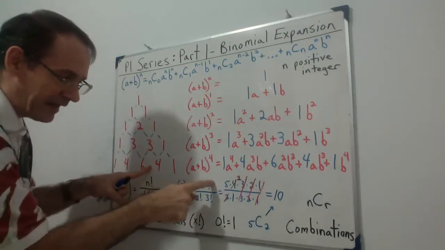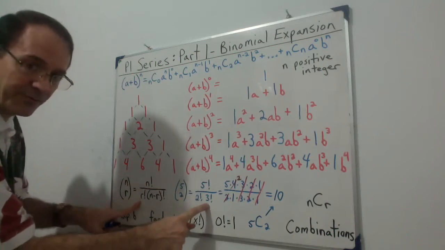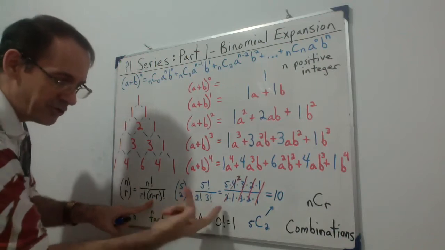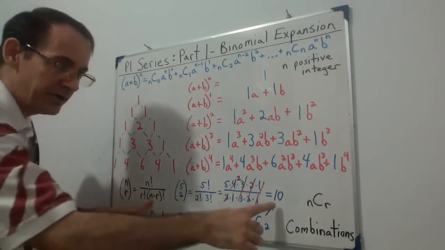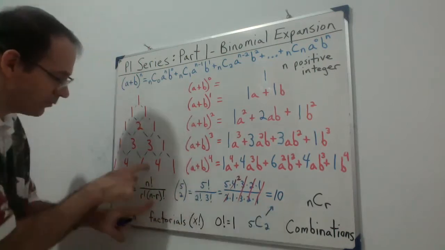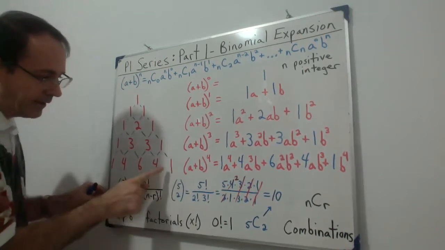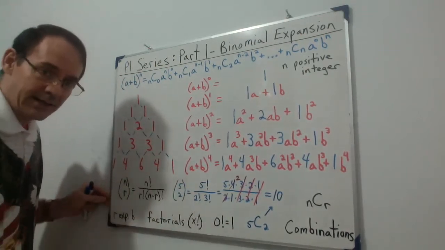Notice you would get 5 factorial. If this is a 3, you would still have 3 factorial for the r, and then 5 minus 3 is 2. So your 2 and 3 would just switch places, but it would be the same factorial. You would still get 10, which is 6 plus 4 right here. And then 5 choose 4 would be 5, and then 5 choose 5 would be 1 again.